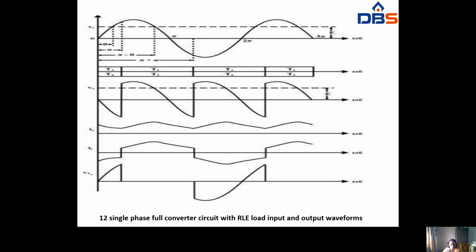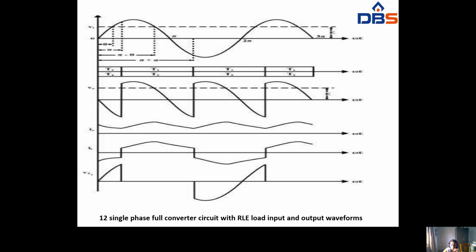Here the output voltage comes to 0 at pi, but due to L and E load, there will be storage of energy. That's why the voltage goes in the negative direction and it will be going like this. So this is a negative output voltage.